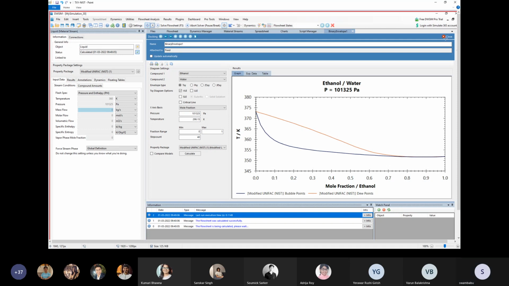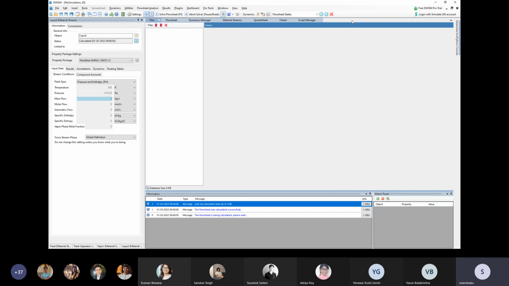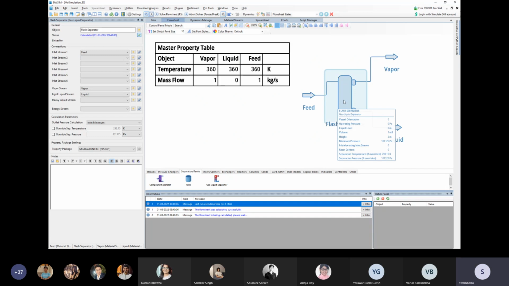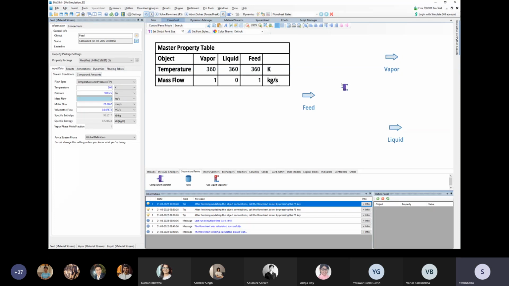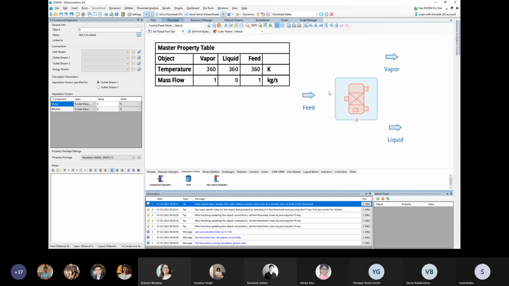So if we want to close this, you can simply close this binary envelope and go back to the flowsheet. So we can use a compound separator.